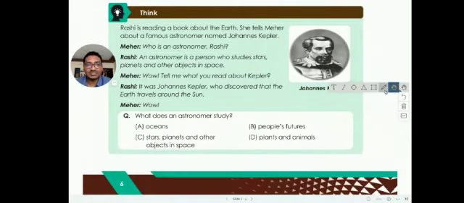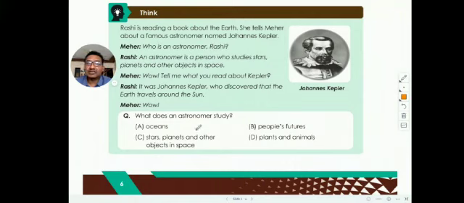Let's see the question here. What does an astronomer study? Options: oceans, people's futures, stars, planets, and other objects in space, plants, and animals.